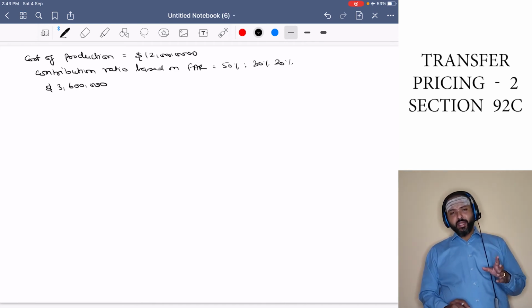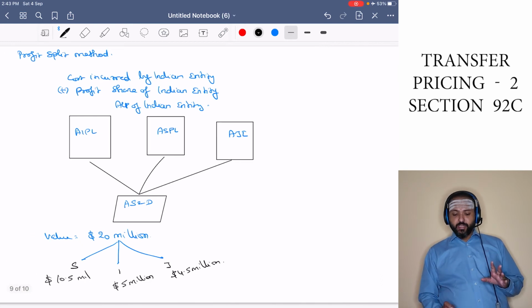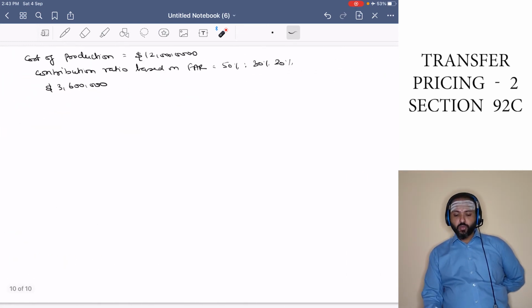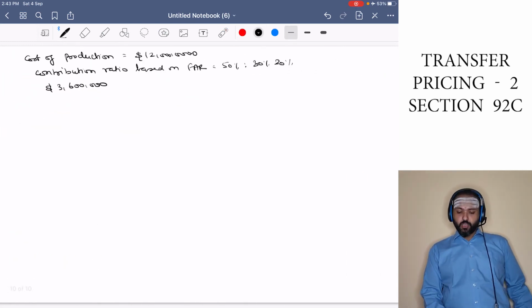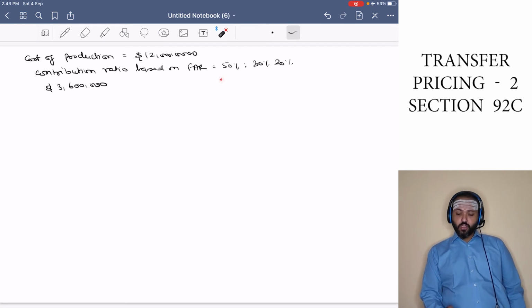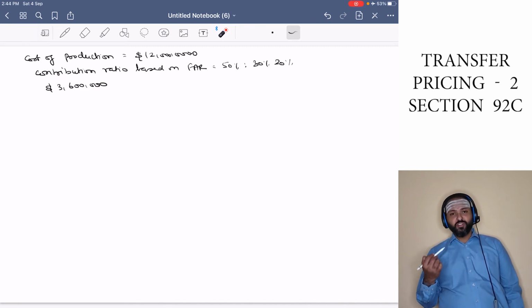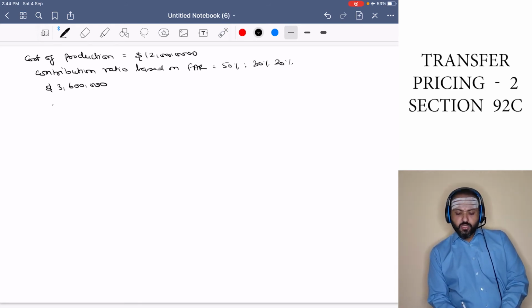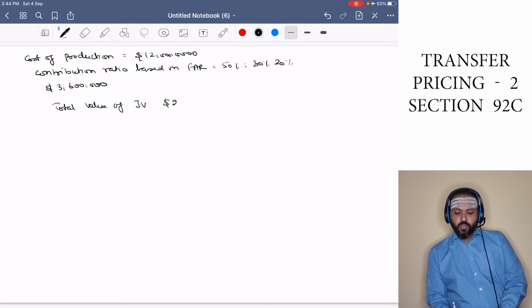Now, what did we tell? We told in the earlier slide that it is going to be cost incurred of the Indian entity plus profit share of the Indian entity. Okay. So now, the question tells us that cost of the Indian entity is $3.6 million. And what is the profit of the Indian entity? We do not know. So first let us focus on finding that out. Okay. So what is the total value of JV? $20 million.